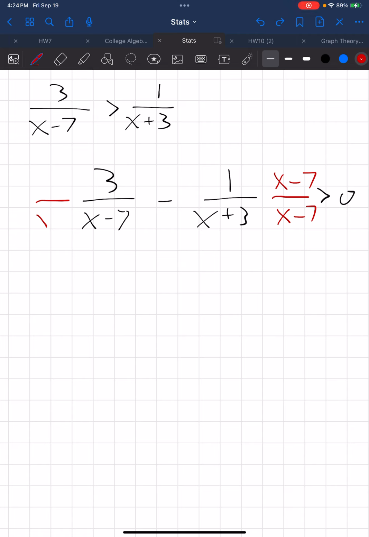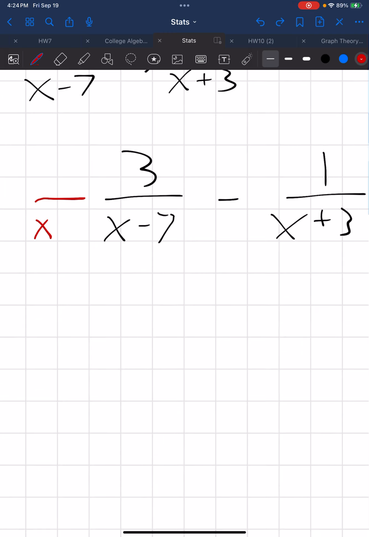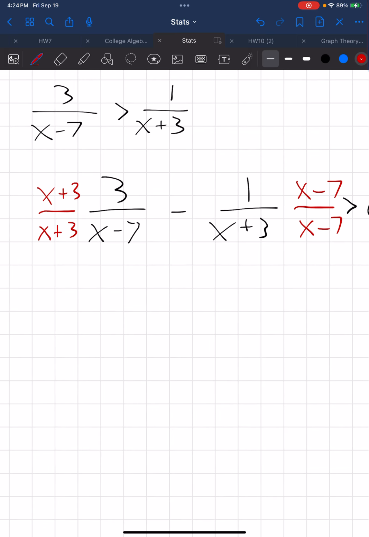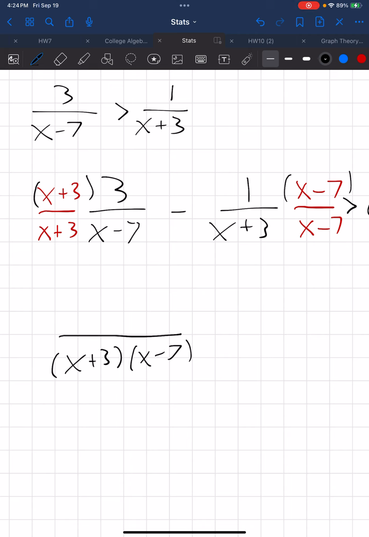So x plus 3 in the numerator and the denominator. Now I'm going to leave the denominator as x plus 3 times x minus 7. But we want to actually distribute across these terms. What do I get? Well, 3 times x is 3x. 3 times 3 is 9.